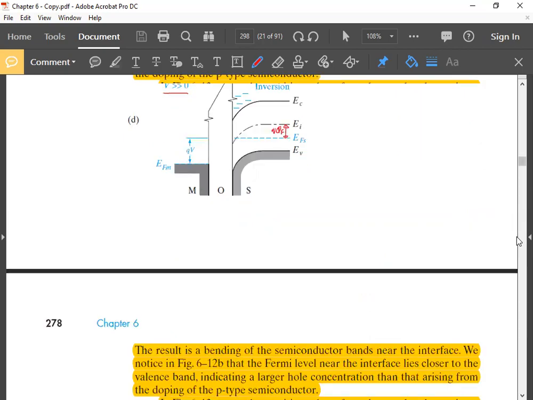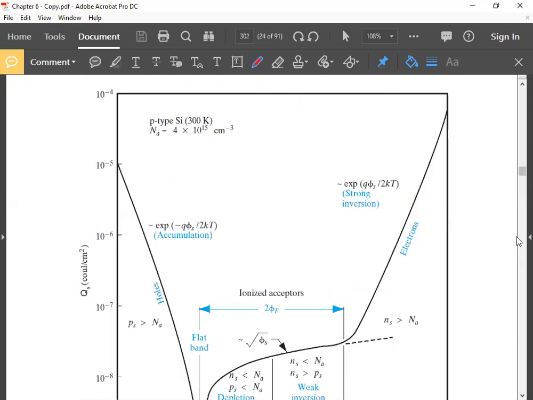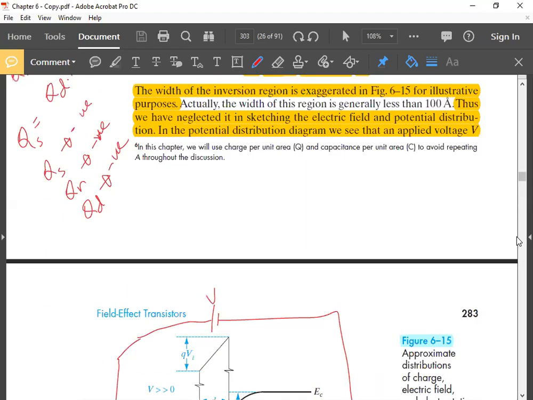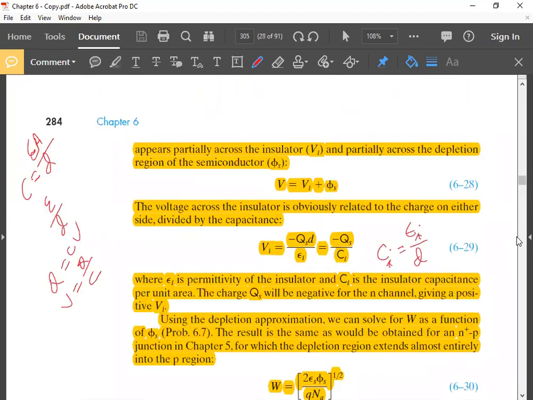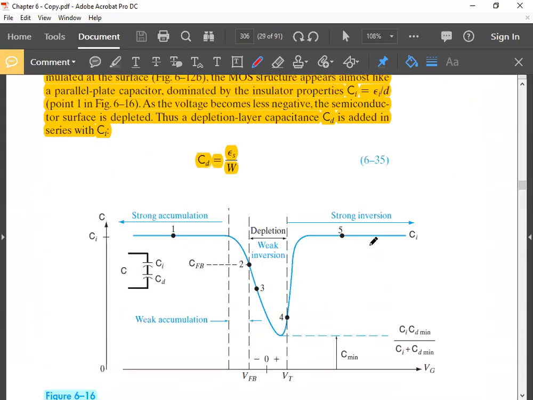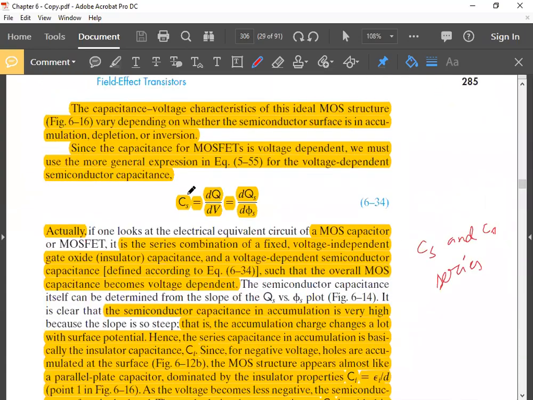So the semiconductor capacitance has been defined here as this. Since that is a voltage dependent capacitance, in the semiconductor region, the capacitance will change with voltage. That's why this is not a fixed capacitance.